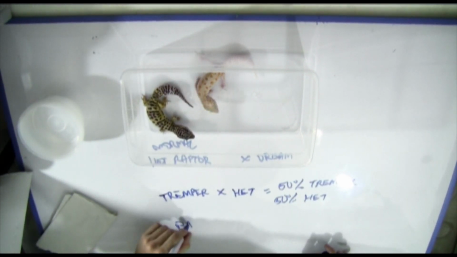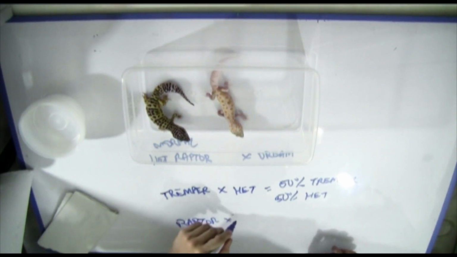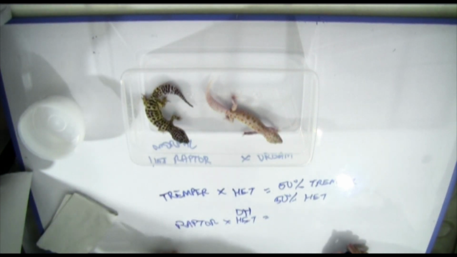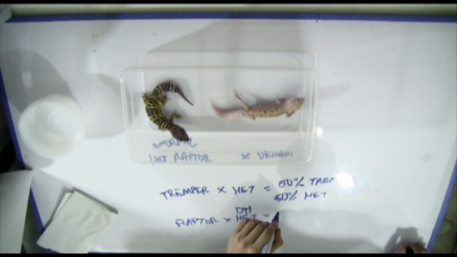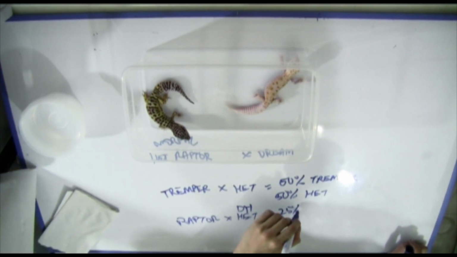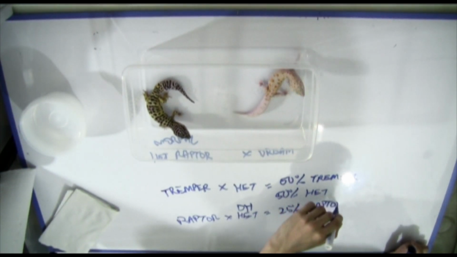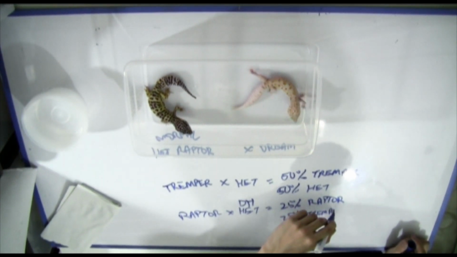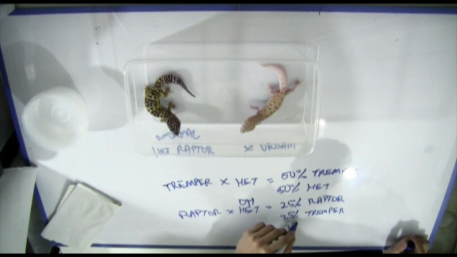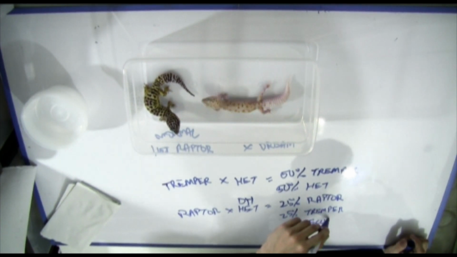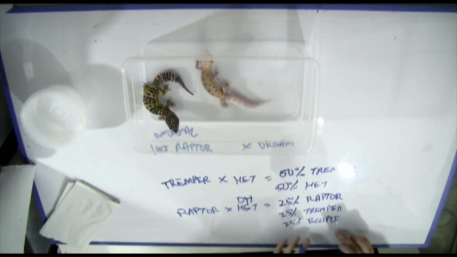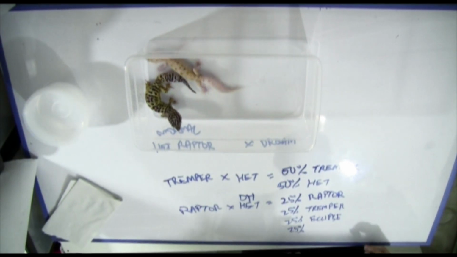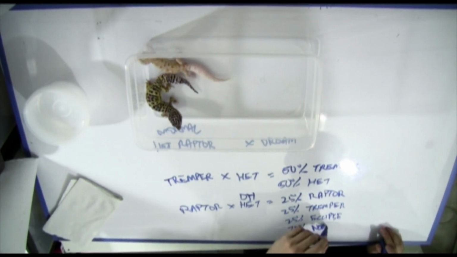And so a raptor, or double recessive, to a het, double het, it will be a quarter, which is 25% raptor, 25% tramper, 25% Eclipse. Although there are some debates on that, we will not touch on the technical aspects of things. And 25% normal.